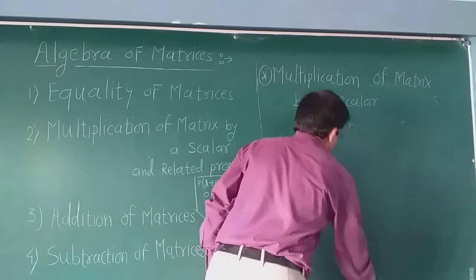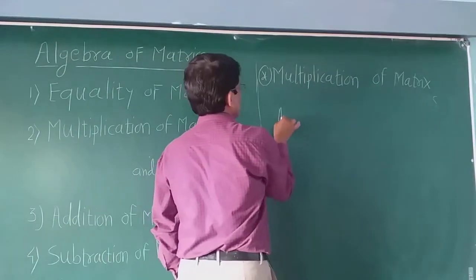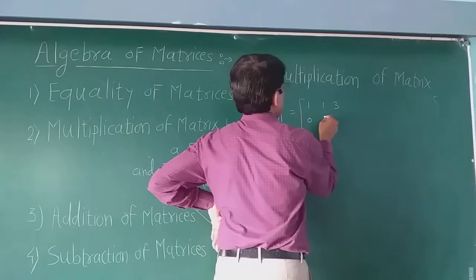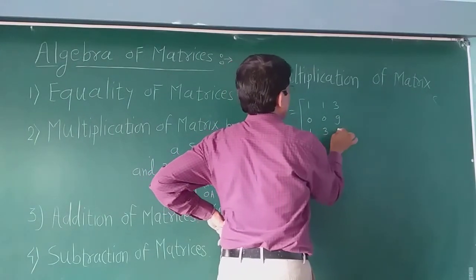Suppose A is equal to the matrix with rows 1 1 3, 0 0 9, and 1 3 2.